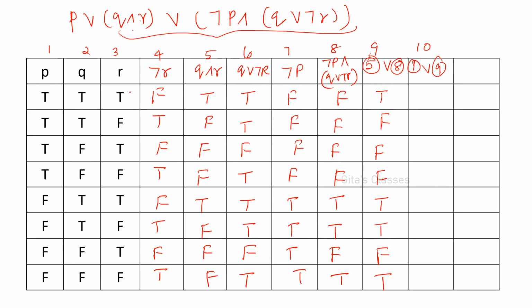So 1 or 9 between these two is T. First 4 are T, so blindly you can write T, because R, no, if one is T also it will become T. Now again T, T, then F, T. This is the answer. The last column will give you the answer, right? That's all. You are asked to form the truth table, so please be careful when you are writing this.